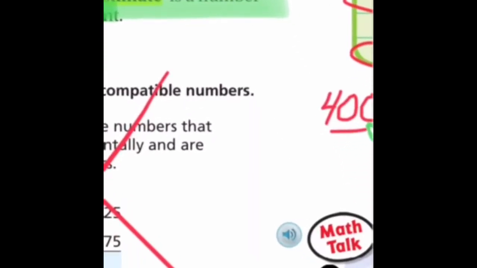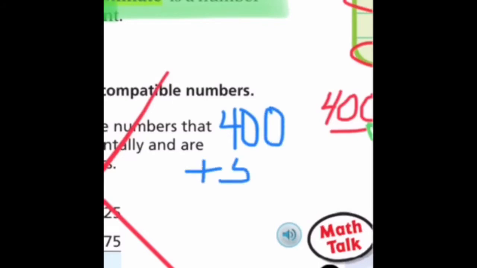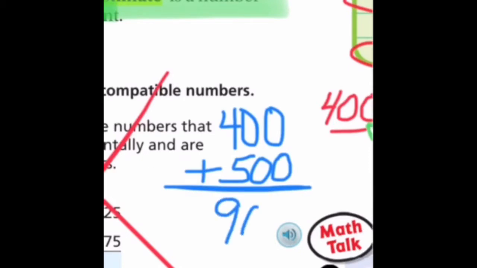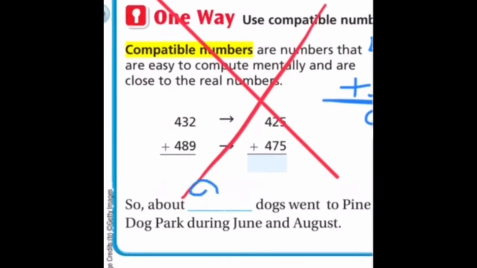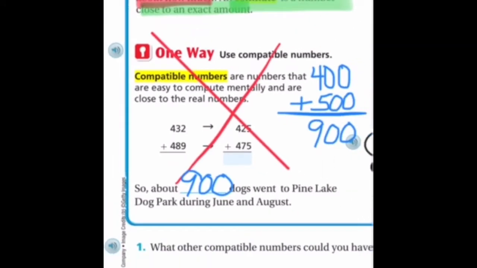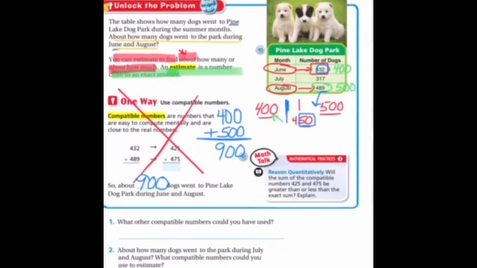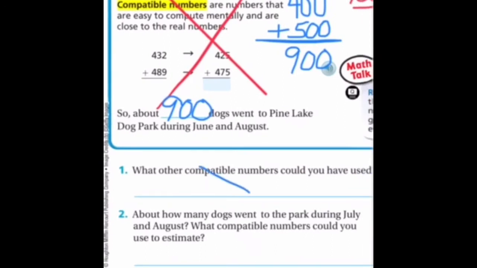So if I write those down, 400 plus 500 is 900. So we ended up with about 900 dogs going to the park in June and August. Okay, about 900. So again, what I do on the video, you should be doing as well and copying it down. Now, questions 1 and 2 deal about compatible numbers, so we're not worried about those in this video.